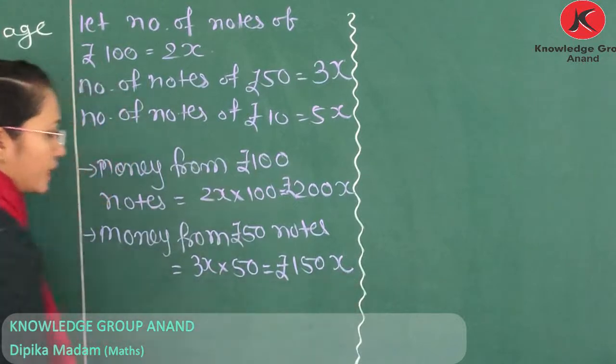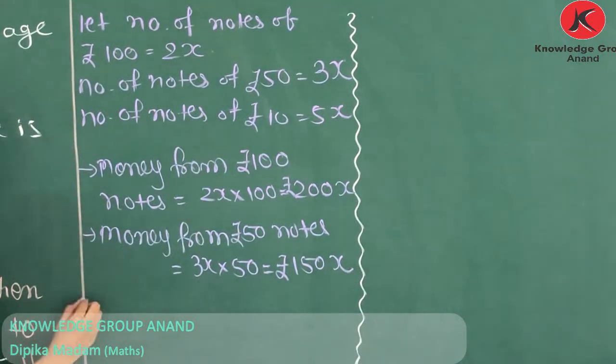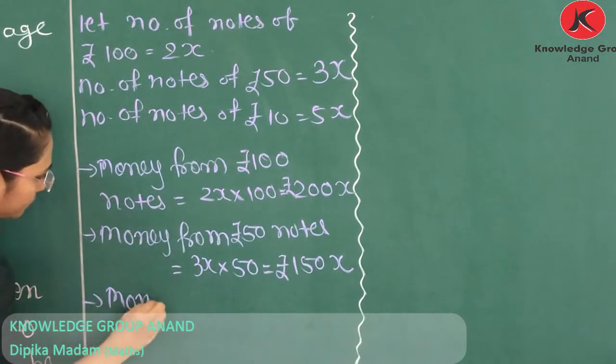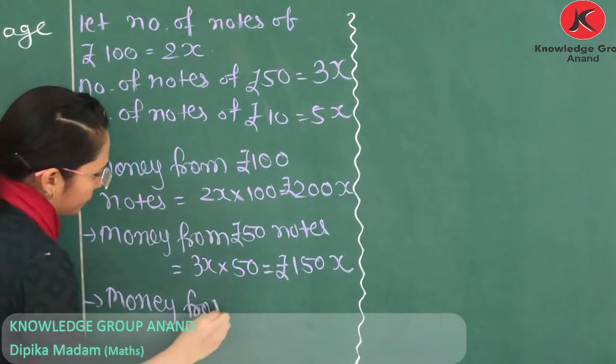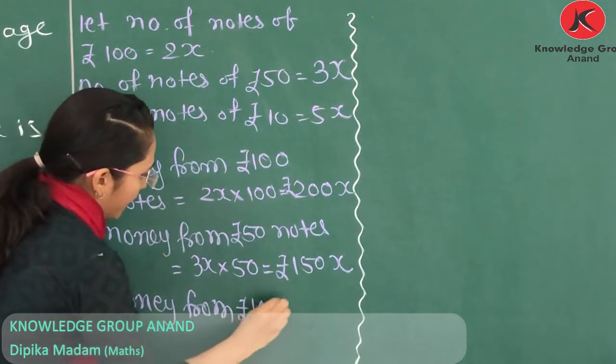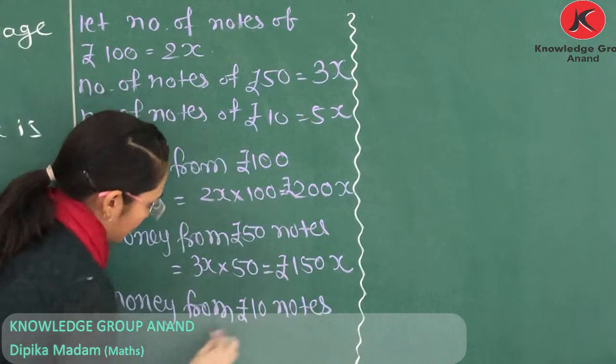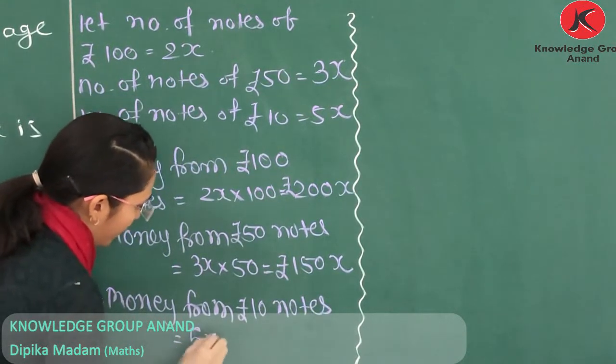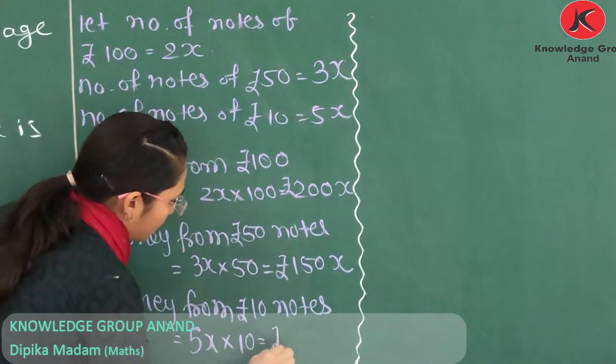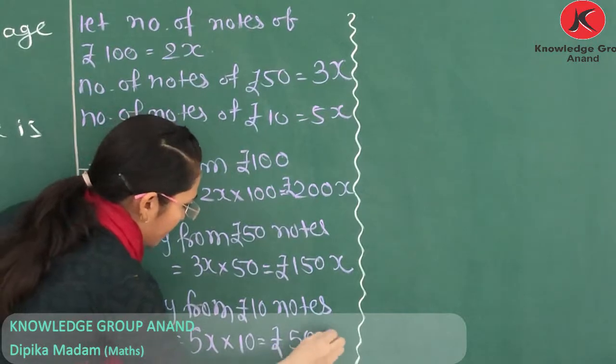This x will be written in the last. Money from rupees 10 notes is equal to 5x multiplied by 10 rupees, 50x.